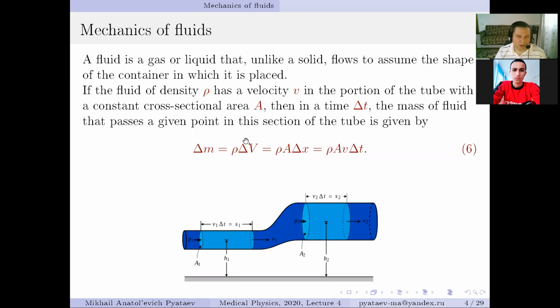So we can write that delta V equals A delta x equals A V delta t. And if we want to find mass, we should multiply this by density rho. So delta M equals rho A V delta t.